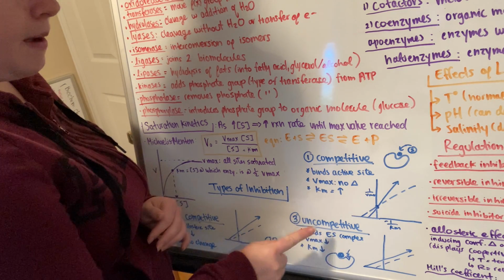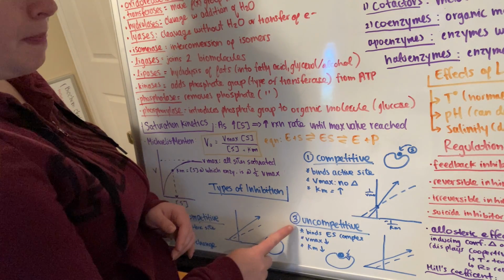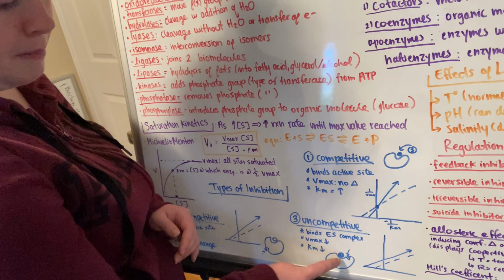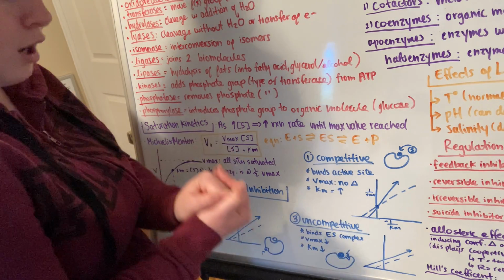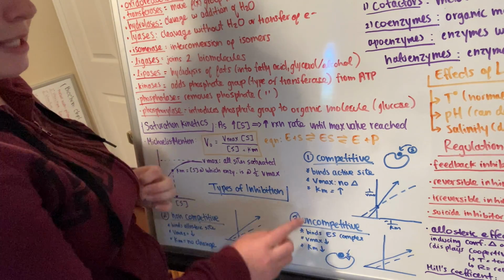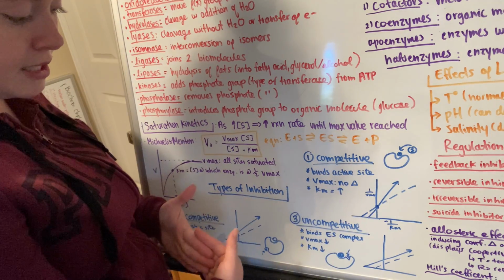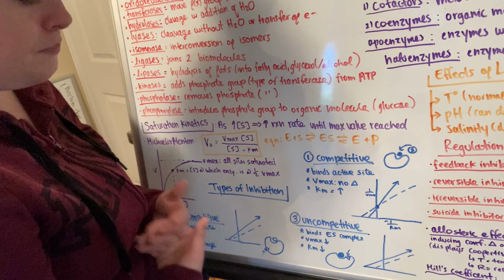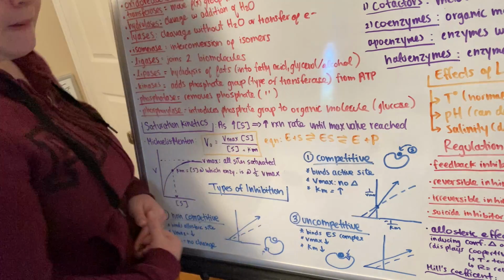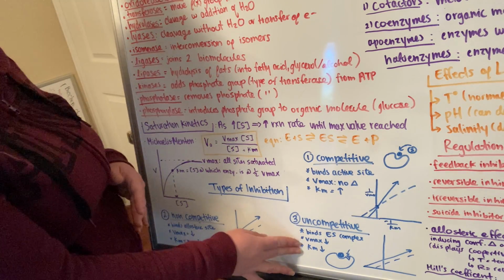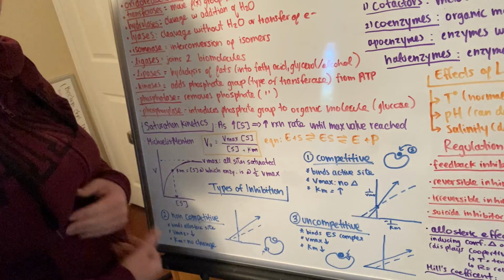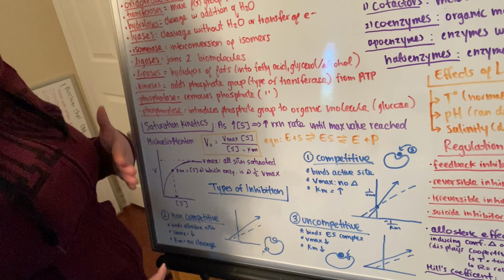So in uncompetitive inhibition, the inhibitor will bind to the enzyme-substrate complex as a whole. In this case, the Vmax decreases and the Km decreases. Okay, and this one is easy to remember, they just both decrease for uncompetitive inhibition.